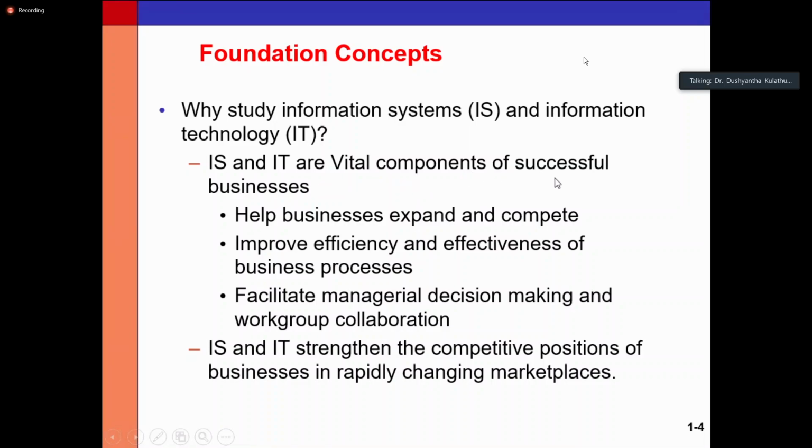IS and IT are vital components of successful businesses. Today, you know that for most organizations, IT and IS are vital components, and without information systems and information technologies, most of them cannot conduct their day-to-day operations.